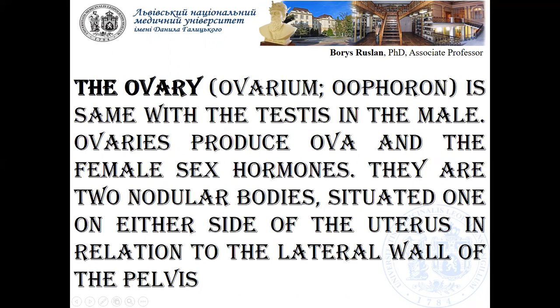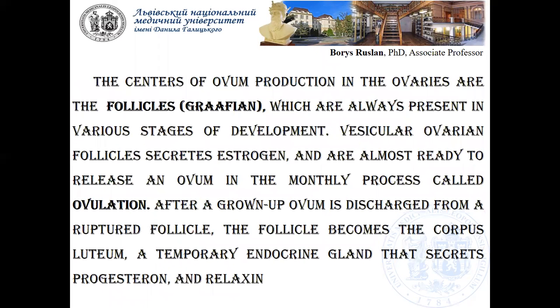What about the ovary? The ovary, or ovarium, is the same as the testes in the male body. The ovary produces the ova and the female sex hormones. They are two nodular bodies situated on either side of the uterus in relation to the lateral wall of the pelvis. The centers of hormone production in the ovaries are the follicles, which are always present in various stages of development.